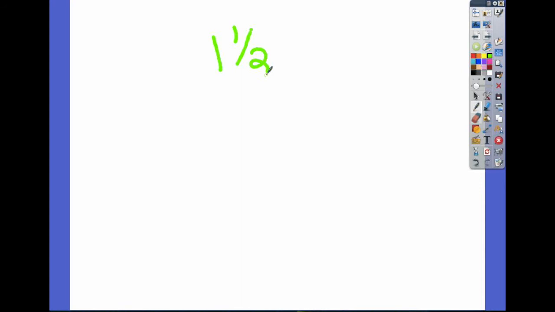Okay, so you're saying that this 1 would be the same as 2 over 2? Yeah. So you're saying take 1/2 plus 2 over 2 would equal, what would it equal?